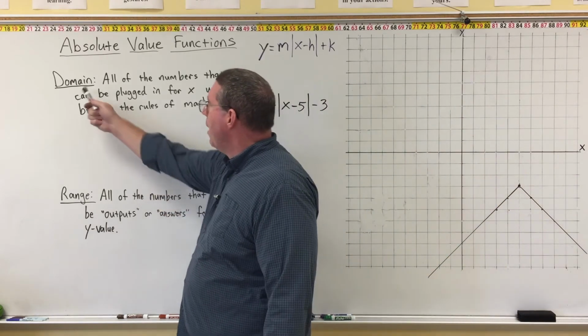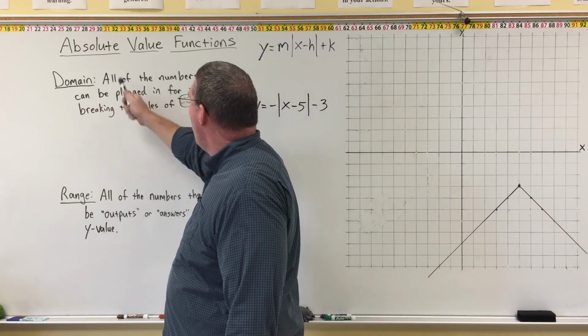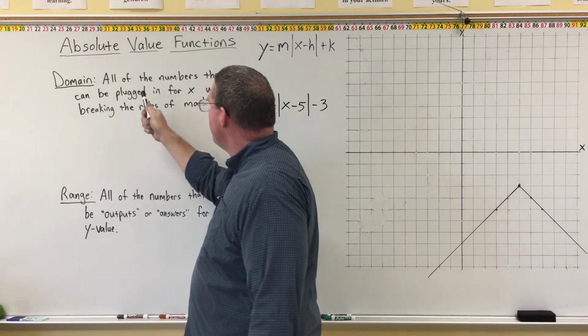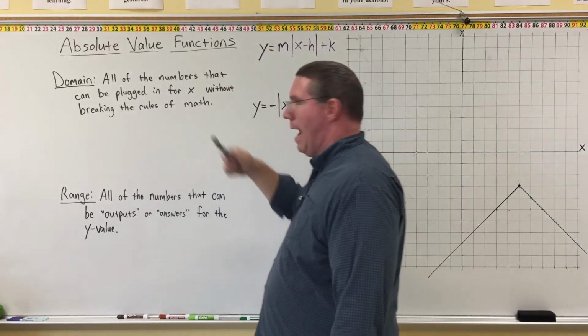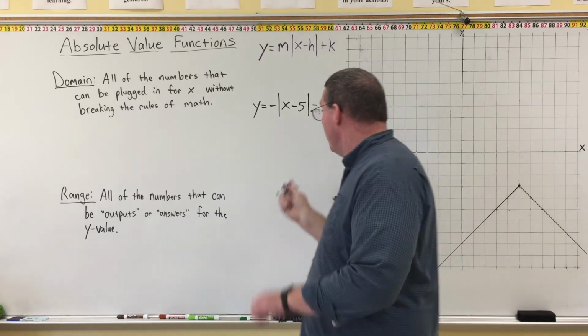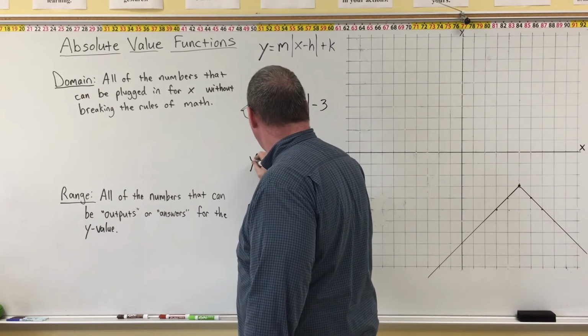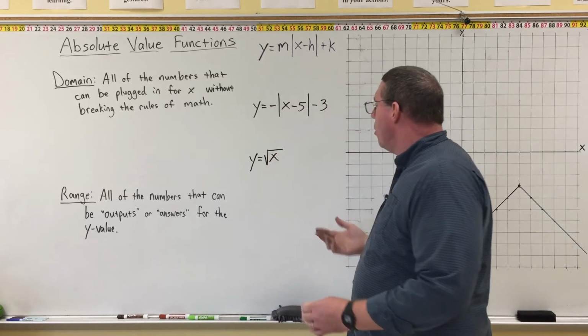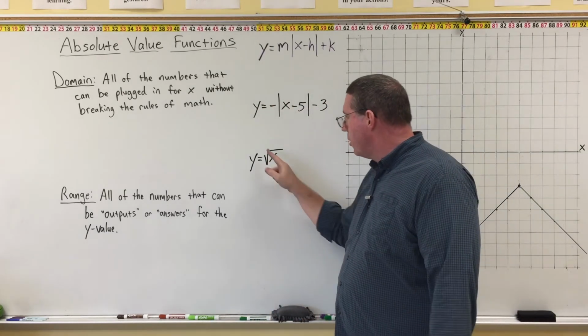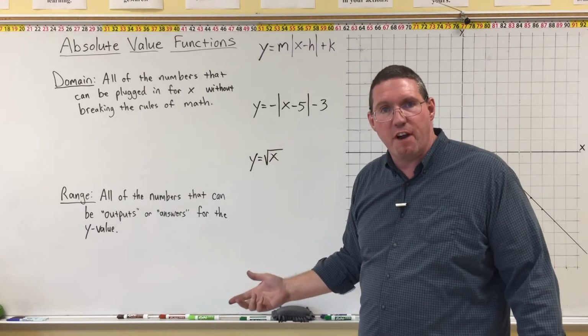So I'm going to try and simplify it. Very simply, the domain of a function is all of the numbers that can be plugged in for x without breaking the rules of math. Okay, so for example, let's say that I have y is equal to the square root of x. Now, we know that the rules of math say that you can't take the square root of a negative number, right?